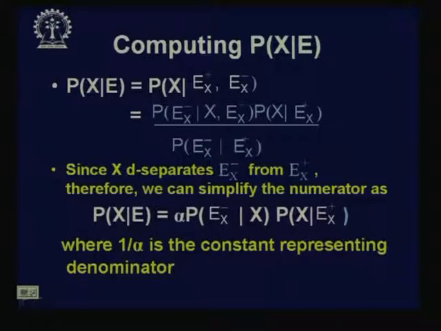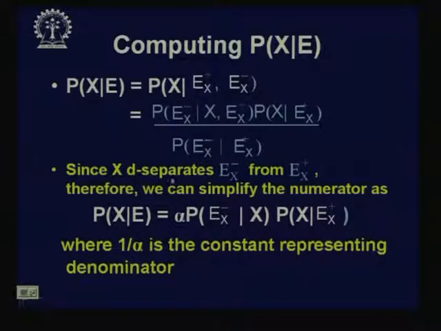Now, we can simply apply Bayes' theorem: the probability of x given E can be computed as the probability of E x minus given x and E x plus, times the probability of x given E x plus, divided by the probability of E x minus given E x plus. That is standard Bayes' theorem.